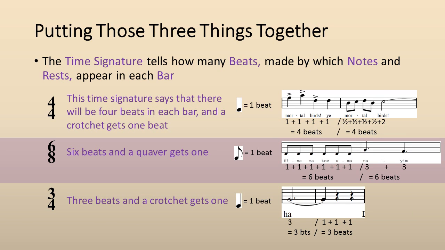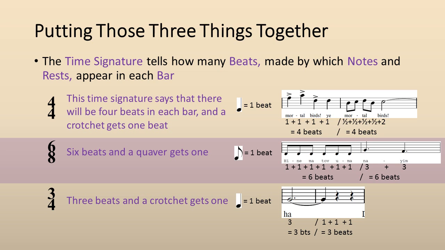Now that we know about notes and rests, time signatures, and bars, we can look at all of it together. The time signature tells how many beats made up of notes and rests appear in each bar. Here we have 3 different time signatures, followed by example bars.